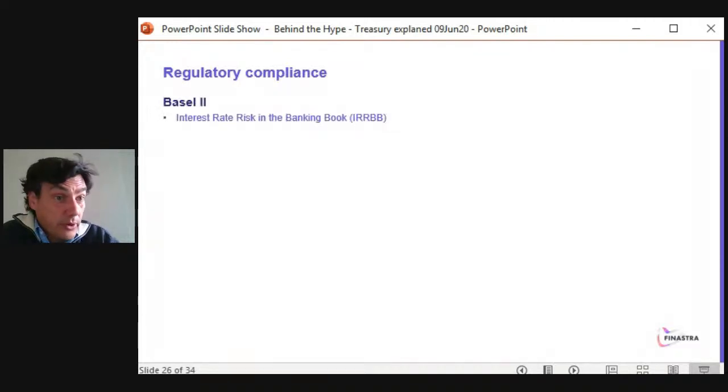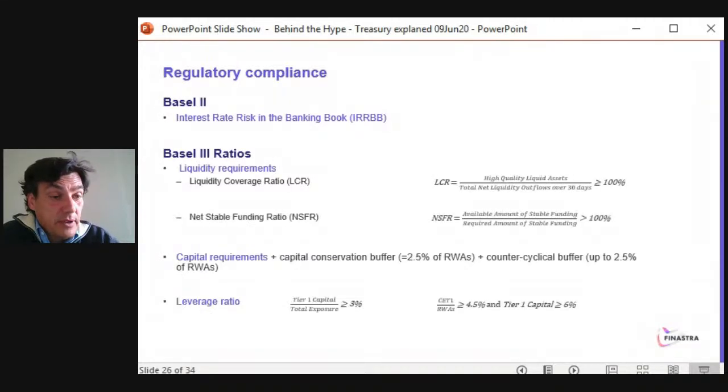The regulatory compliance is made of those latest regulations named Basel II, Basel III, Basel IV. Now we are at Basel IV, but banks are implementing Basel III ratios. Basel III ratios are the LCR and NSFR. Basel II is IRBB, and it's slightly older.